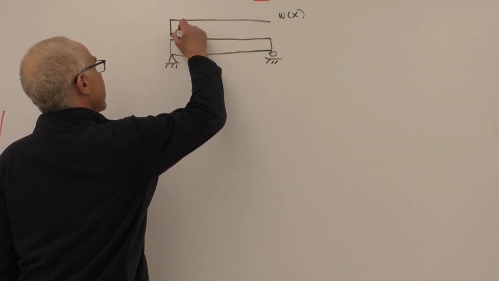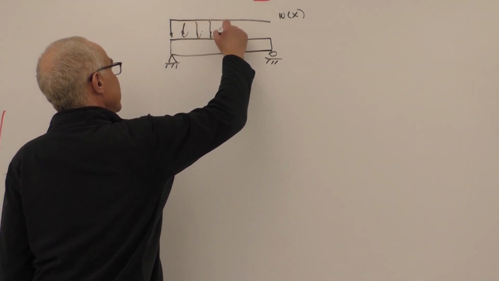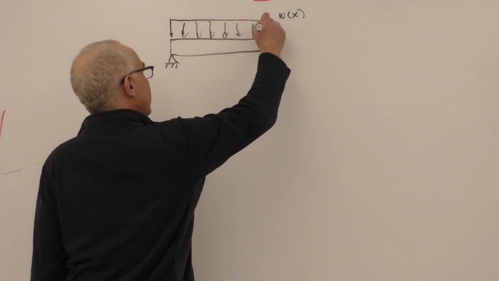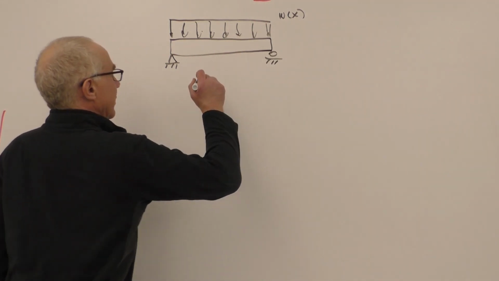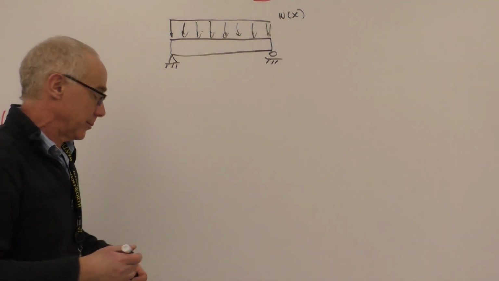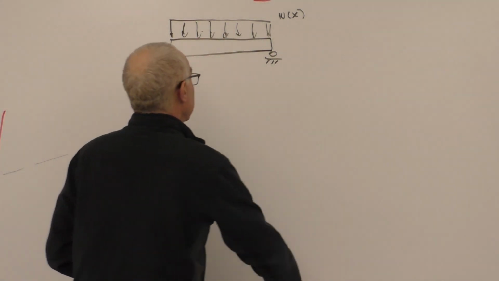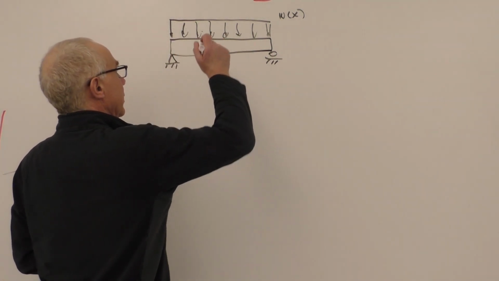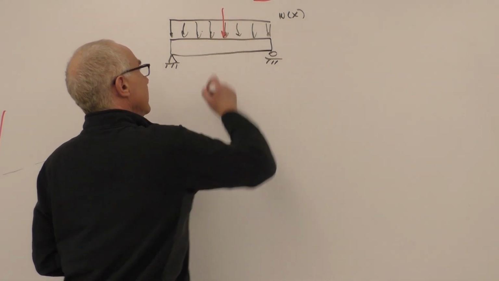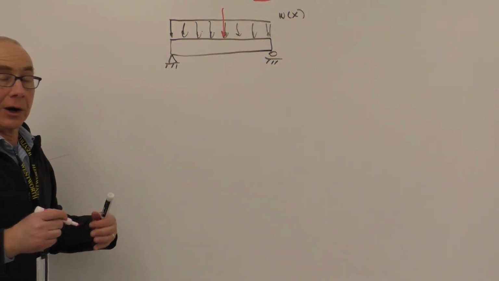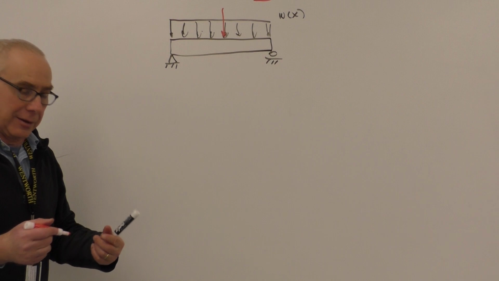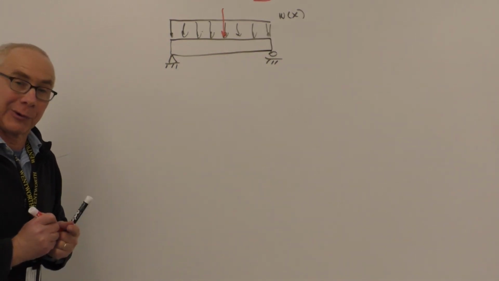I'll just show this as a bunch of arrows downward. And again, we want a simplified system where instead of a distributed load, it would be just one force at a single point. That would be our simplified system. That's what we're heading for right now.